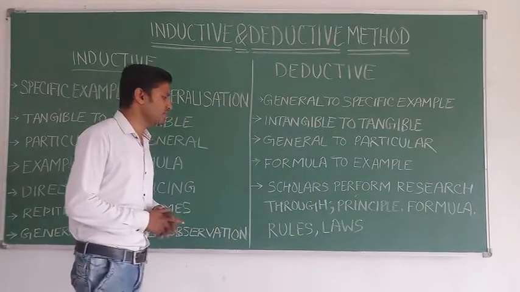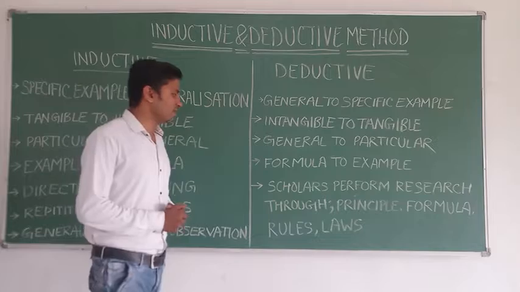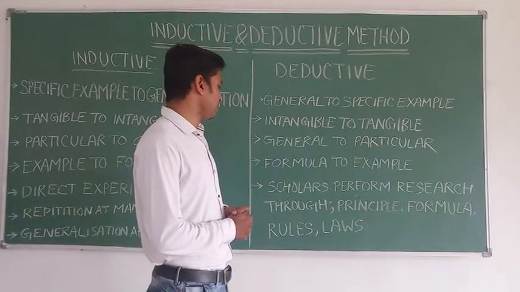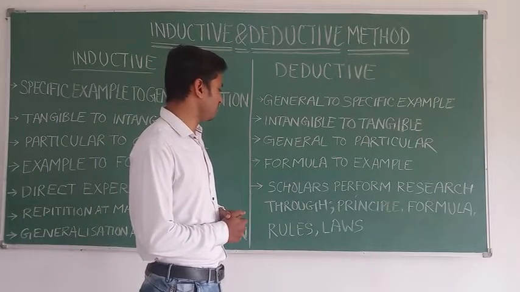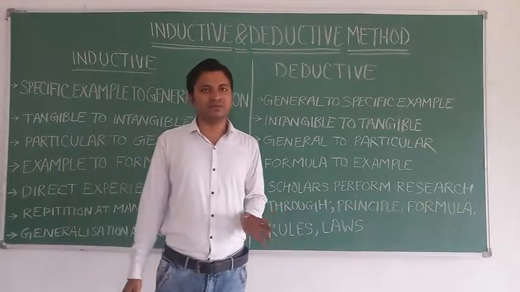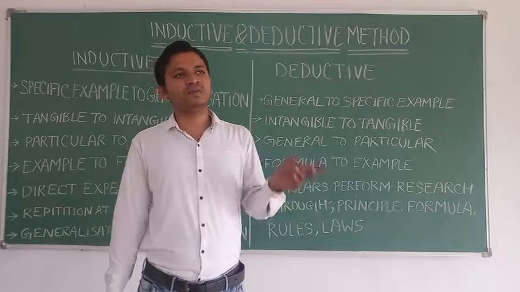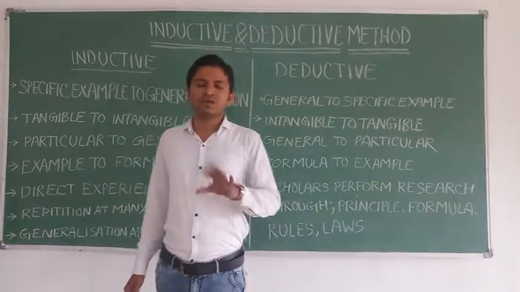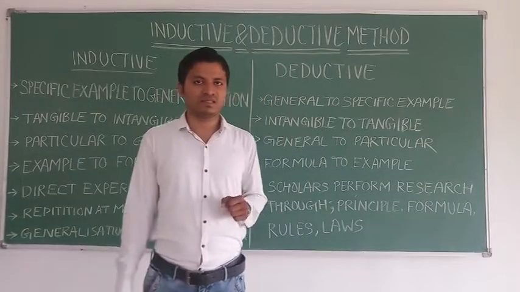The next one is that scholars perform research through principle, formula, rules and laws. Whichever kind of established theory, principle or law you want to study, you begin with it.